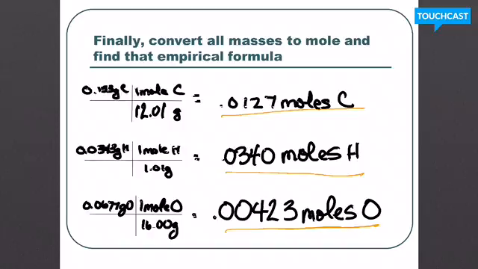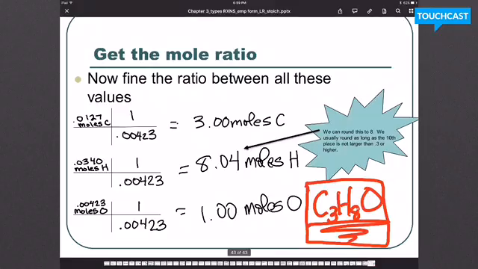Do you remember back to the strategy for figuring out empirical formulas? We are going to take all three of those values and divide by the smallest one there, which would be this guy. Let's see if we can simplify that out. When we simplify, it looks like we have a nice, clean ratio. We have 3, 8, and 1.